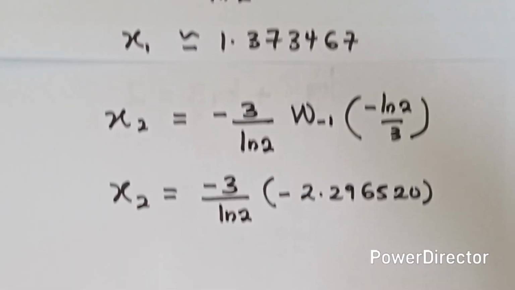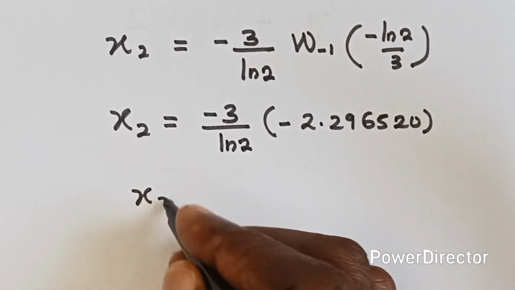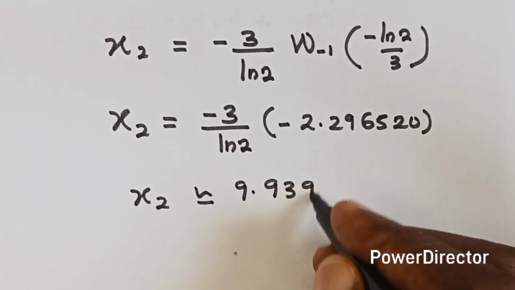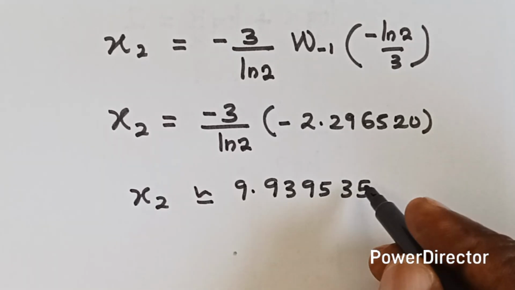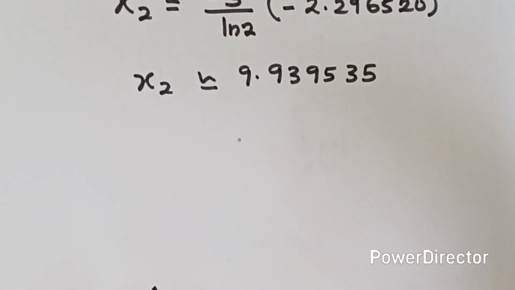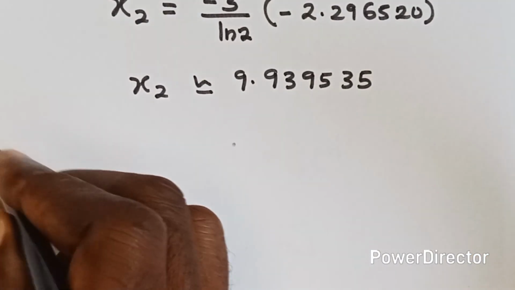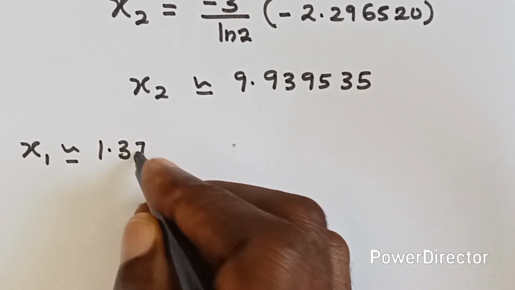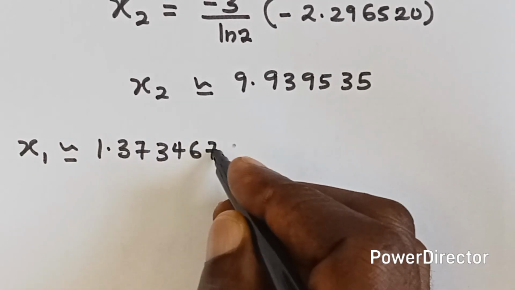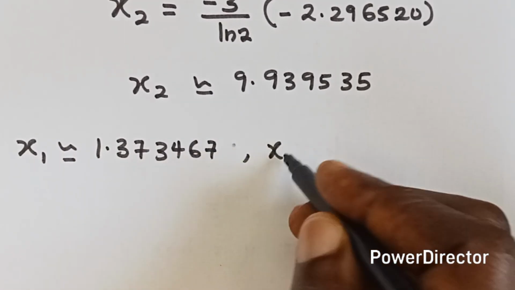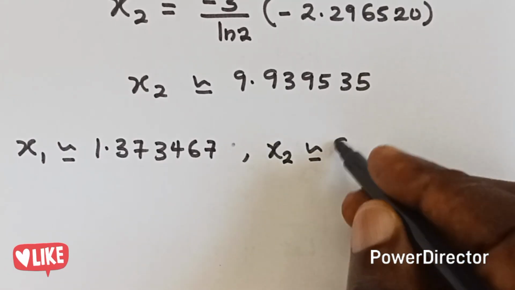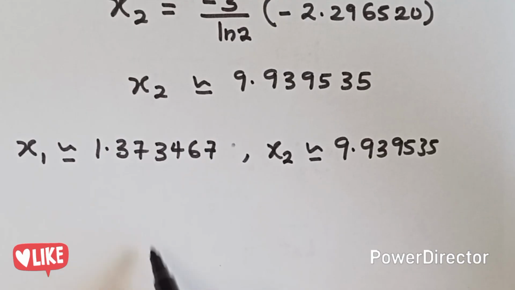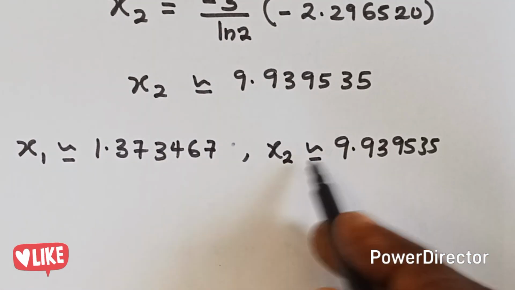Right, so by the time we multiply it with that, it means our x2 is approximately 9.939535. All right, so we have two answers already. We have our x1 and our x2. Therefore, our x1 is approximately 1.373467, and our x2 is approximately 9.939535. So it means x can be this or x can be that.